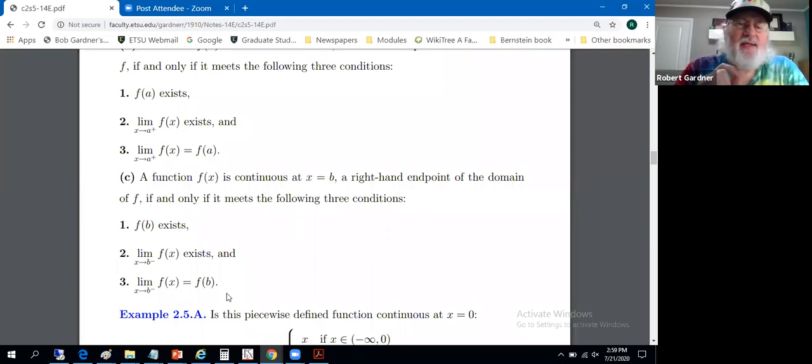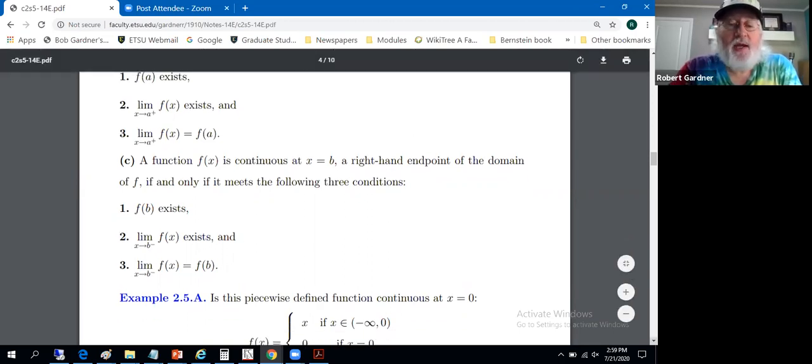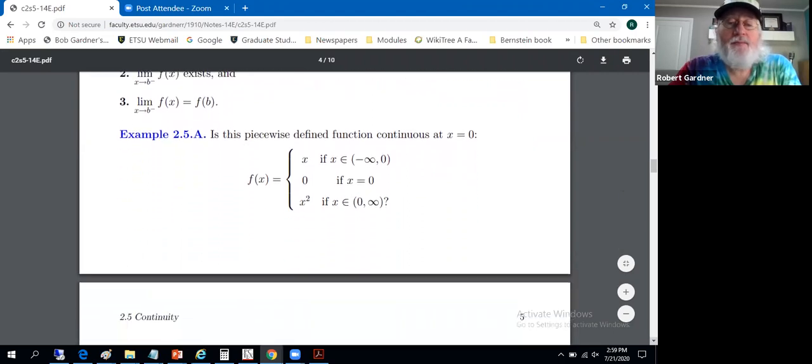I don't think the book actually states the last two explicitly, but let's do it in the notes. The three of these are simply the definition of continuity written out in a step-by-step process we can use to check a function for continuity.